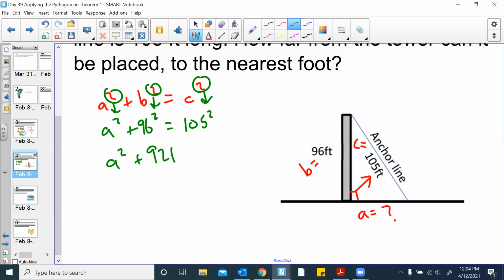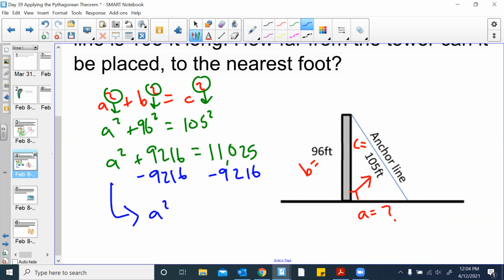But just to show you by hand, 96 squared is 9,216, and 105 squared is going to be 11,025. Don't forget we want to get that A squared by itself. So we're going to do that by subtracting 9,216 from both sides. And we'll be left with A squared equals 1,809.